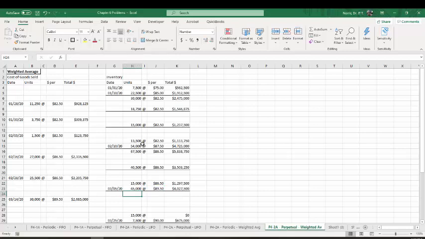We then make a purchase on March the 5th. Now we have 60,000 units at a total cost of $5,325,000. That is an average cost per unit of $88.50, which is what we will sell on the 14th of March.